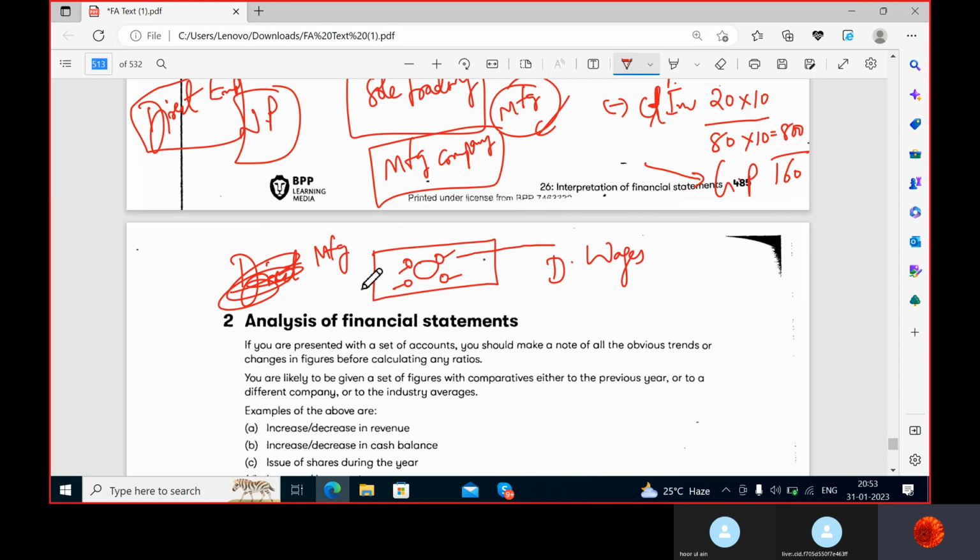Point number 2. There is a security guard who is giving security to this entire factory premise. We pay wages to this security guard even. But what wages do we pay to him? Can I say that is indirect wages? Yes. But why is that indirect wages? Because he is not involved directly in this production process.